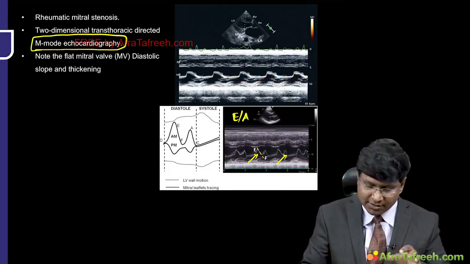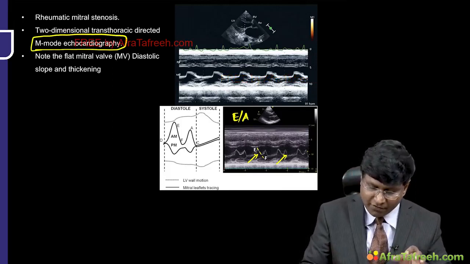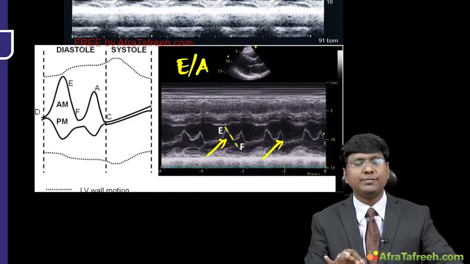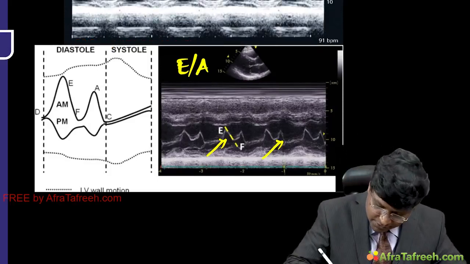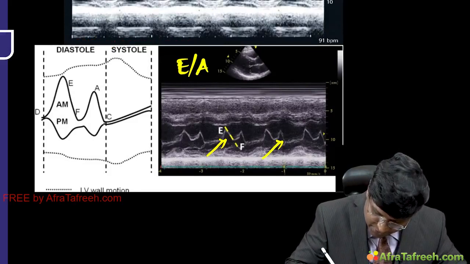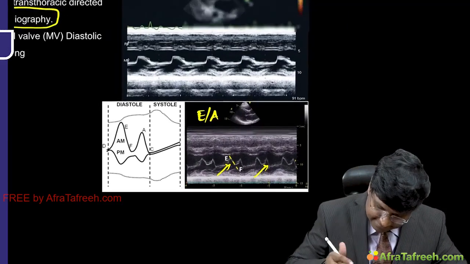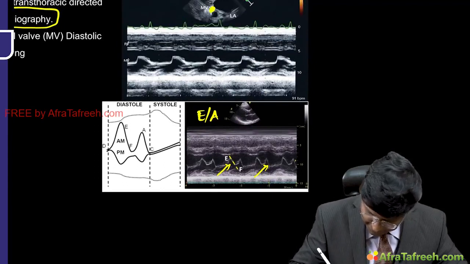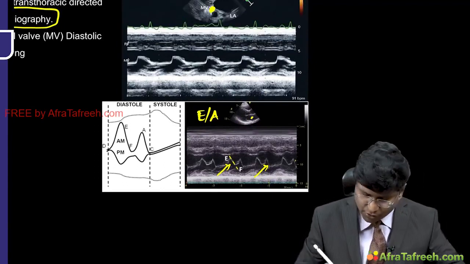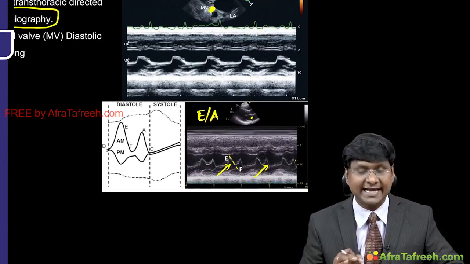So this is how the pattern of the M-mode should be when you place an M-mode over the mitral valve leaflet. Okay, so right, this is where your mitral valve leaflet is. At this point, you are applying the M-mode, so you get this E as well as A slope.